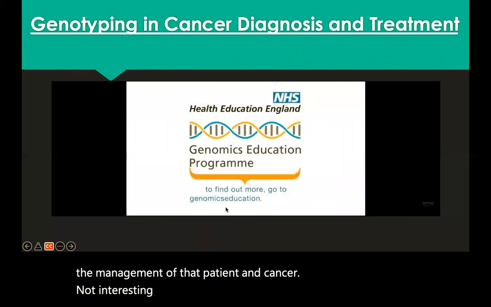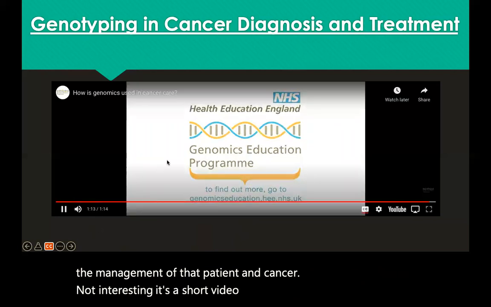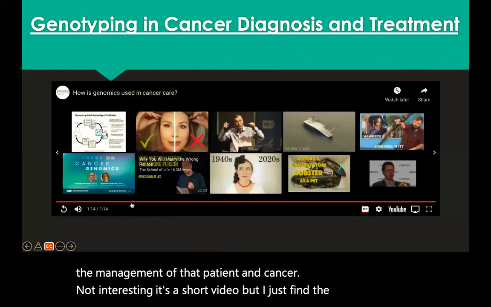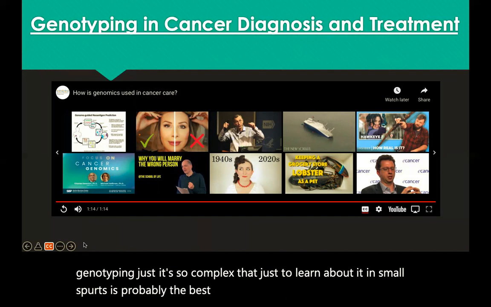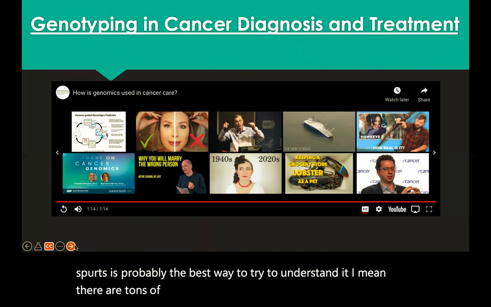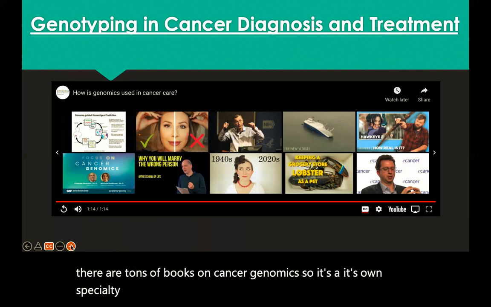It's a short video, but I just find the concept of genotyping so complex that just to learn about it in small spurts is probably the best way to try to understand it. I mean, there are tons of books on cancer genomics, so it's its own specialty. But the important thing as a practitioner is the importance of it.